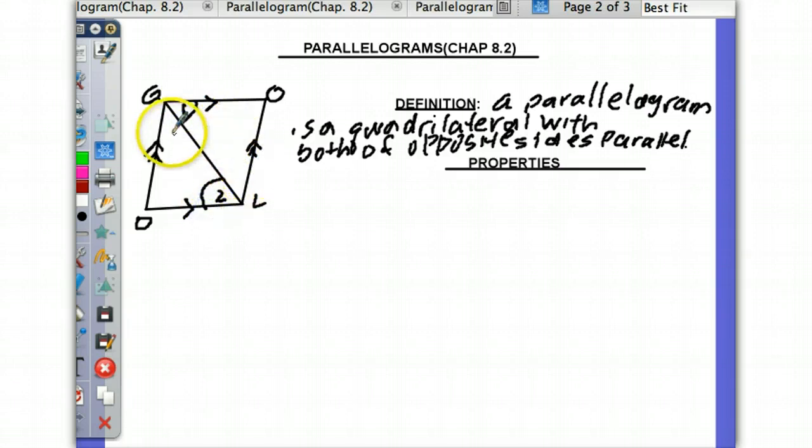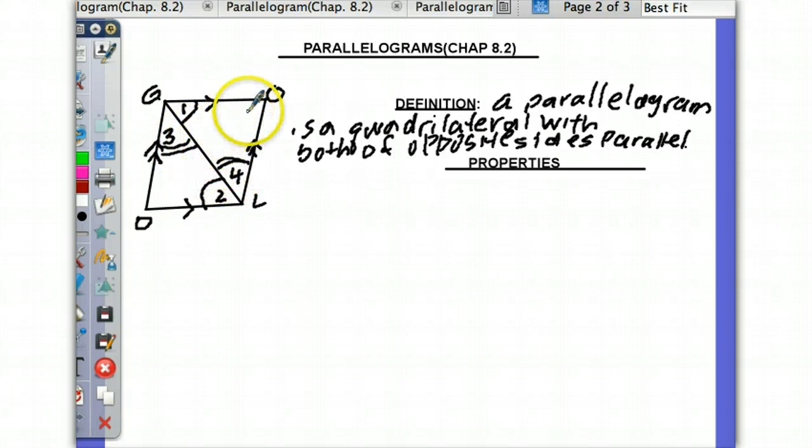Similarly, angle 3 from this lower triangle will bear a relationship with angle 4 from this one, and they also would be alternate interior angles, so they're the same. Why, you might say? Because parallel lines cut by a transversal. The transversal will be this diagonal here, GL. You're going to have alternate interior angles congruent.